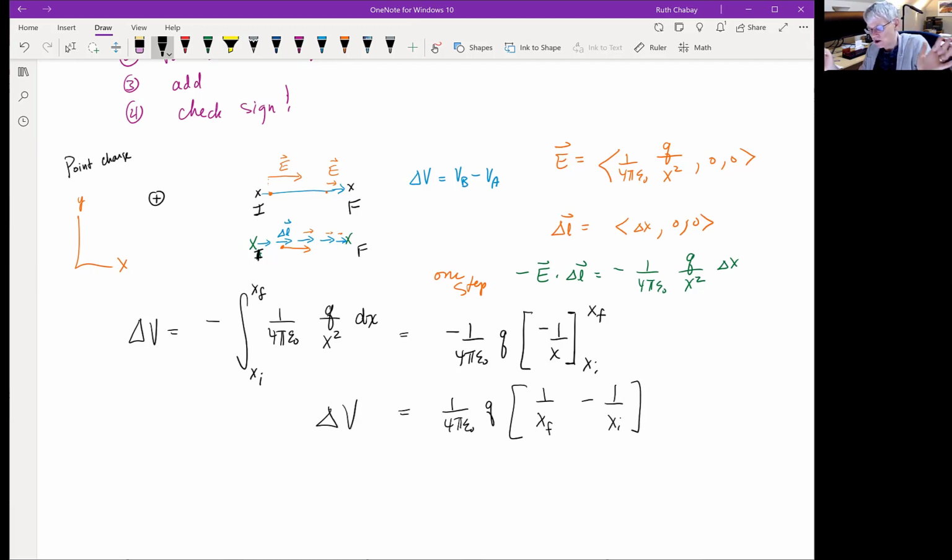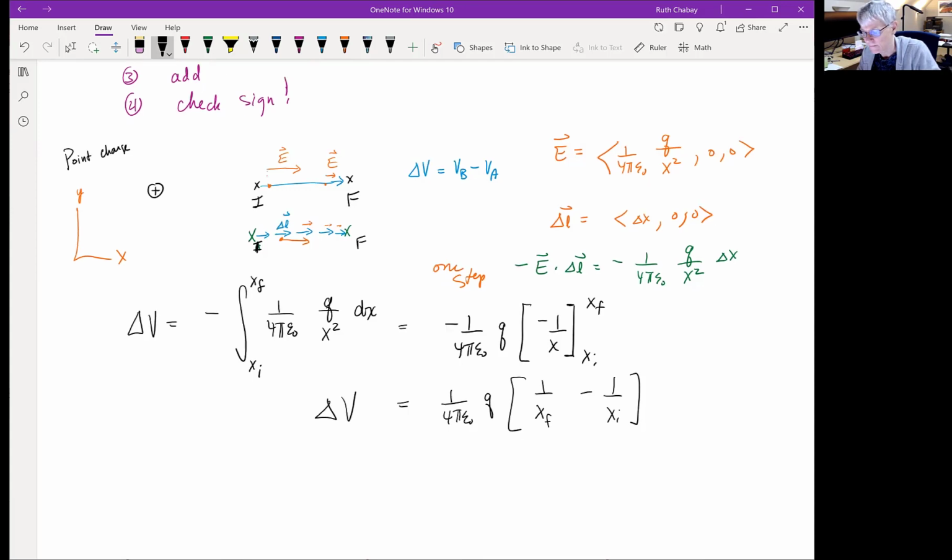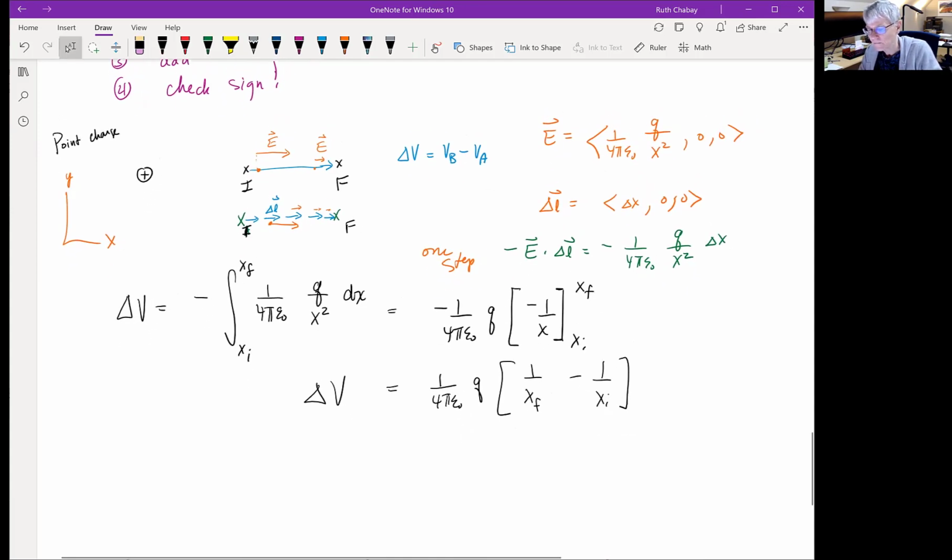And that's a general result. We don't actually have to do this integral again. Now we should check to make sure that the sign makes sense. We said it should be negative because we're going in the direction of the electric field, so the potential should be decreasing.